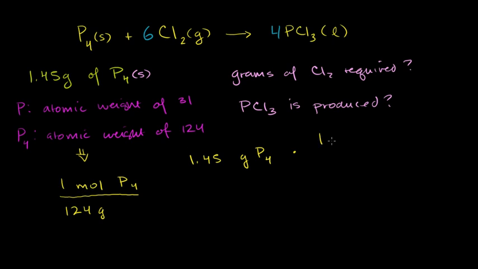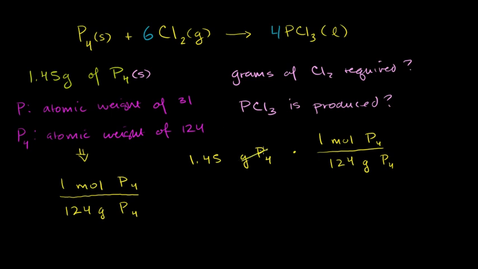We have 1 mole of molecular phosphorus for every 124 grams of molecular phosphorus. I should write this here just so we remember what we're talking about. And then this cancels out. So the units at least cancel out.